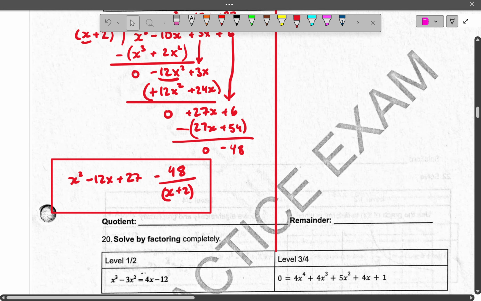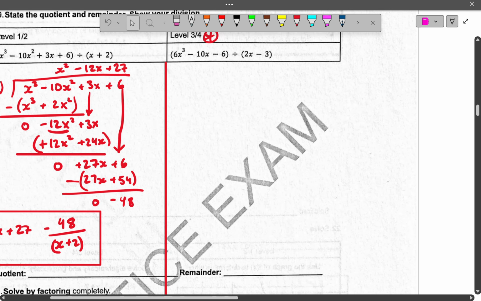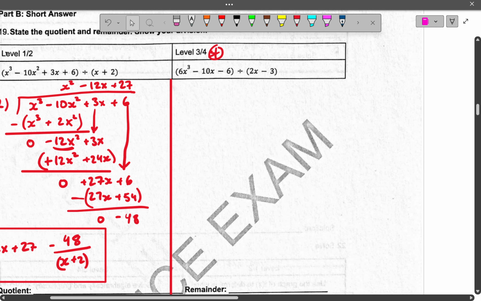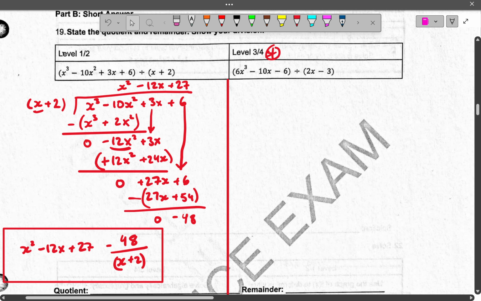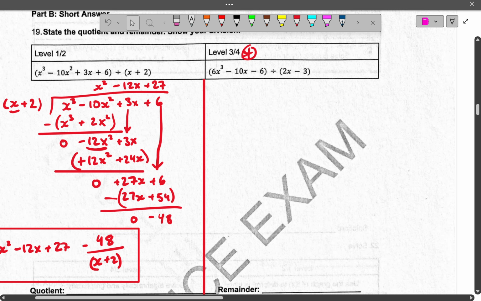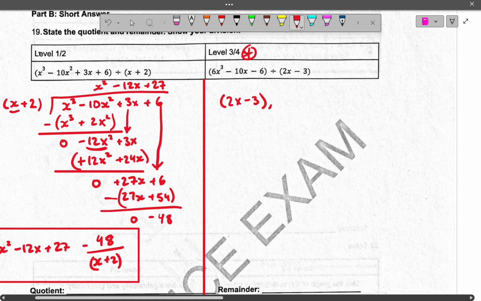And so in the second example, there is a slight increase in the difficulty, because the setup's only slightly different. But this is similar to what we've done in an earlier part of the video, or in part 1. So I'm going to set it up. Plotting this, and we have 6x cubed.